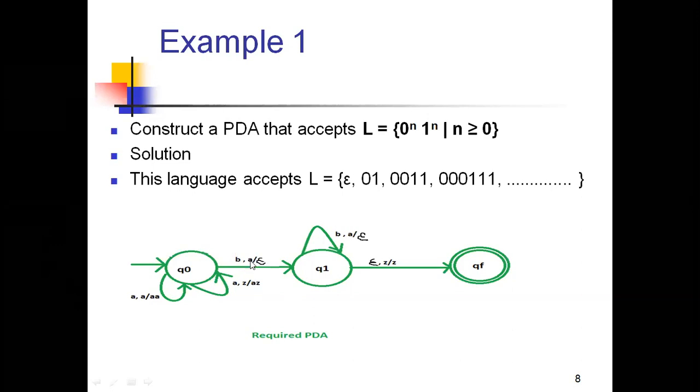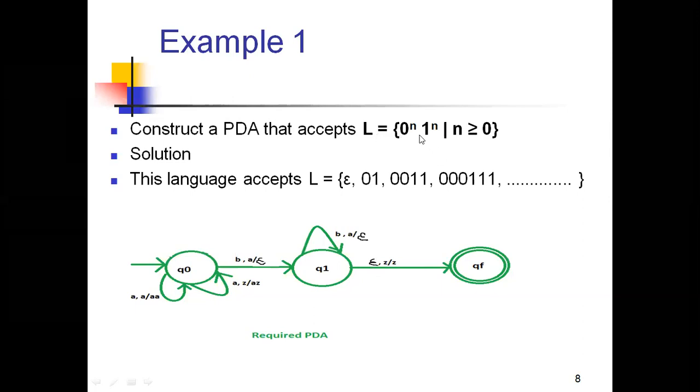Now I need to take the stack alphabet as zeros, and here also I'm having 1 and it should be a 0, and here I'm having 0, and at one time I'm taking it as Z, where Z is the starting stack symbol, and one time I'm taking the same symbol, same input, like 0 0, right? And at one time I'm showing it as an epsilon. Is it clear? So this is the required PDA for the given language.